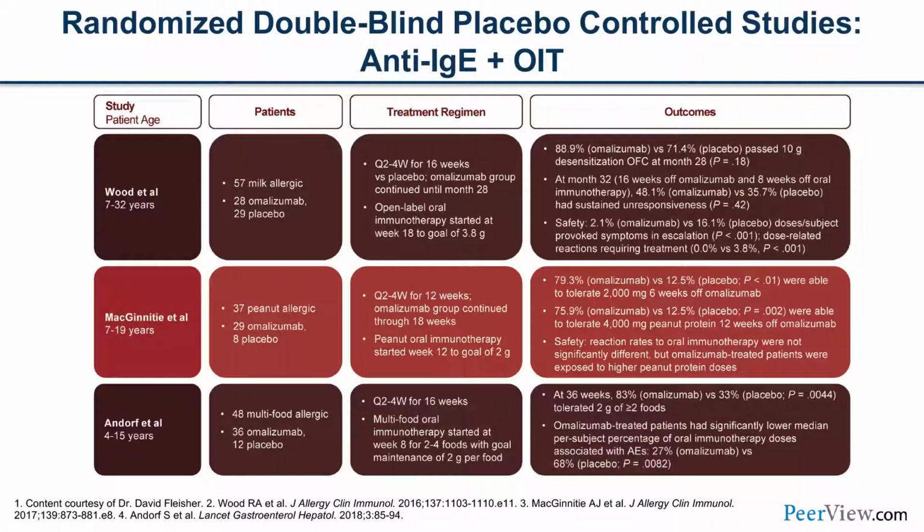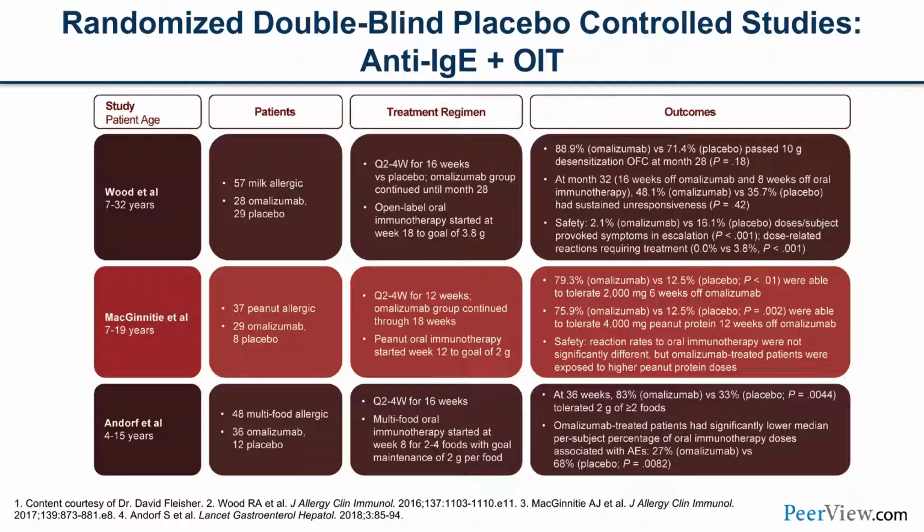The other data we have are studies looking at the use of Omalizumab along with oral immunotherapy. And the hope here has been that you could make oral immunotherapy safer and more effective if you combined it with Omalizumab.